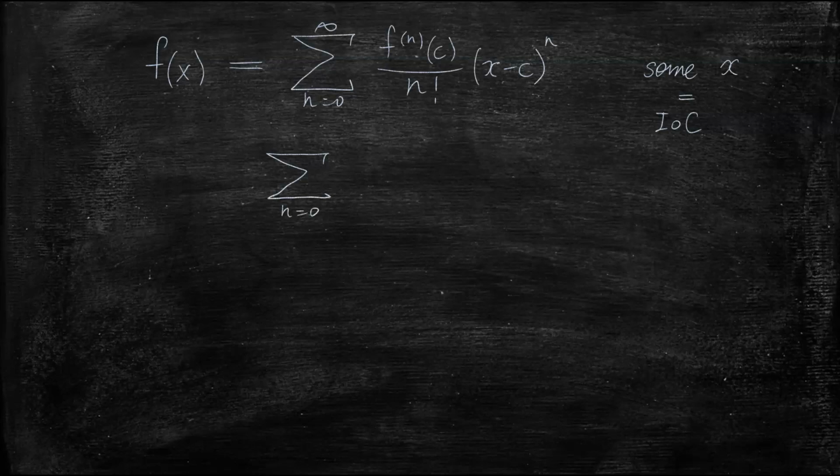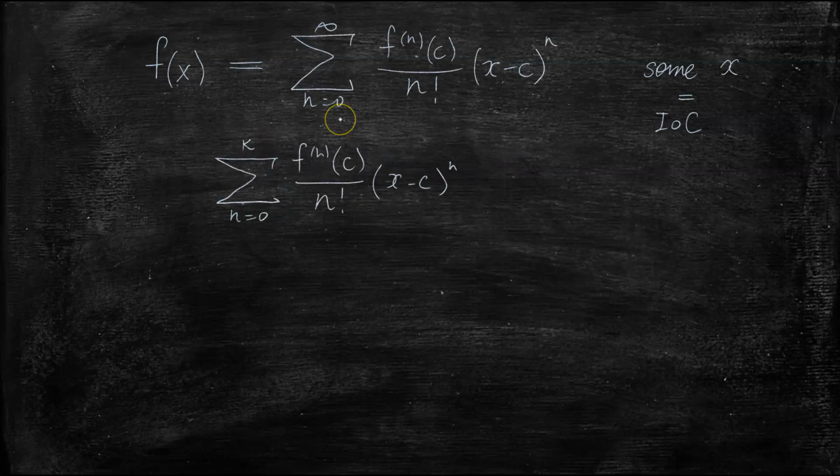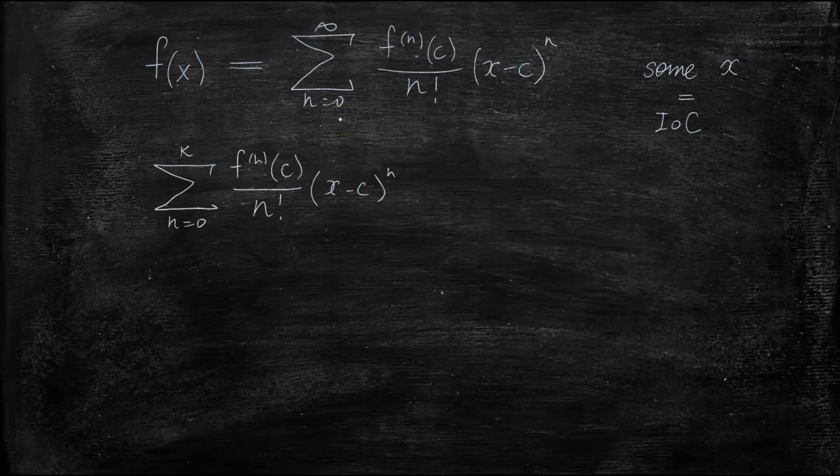What happens in this case is that we take the series and we separate it into two parts. The first one has k plus 1 terms, and the other part has the remaining tail of the series starting with the k plus 1th term and going all the way to infinity.